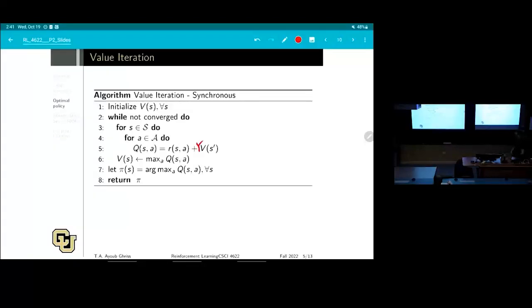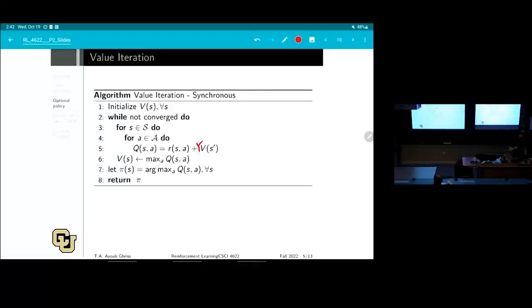For the synchronous one, we're going to explore the environment, update Q at all states, and then go back to V and store the max over the action space. So in this case, we also have to store Q for each tuple (S, A), which means more memory space taken by Q.